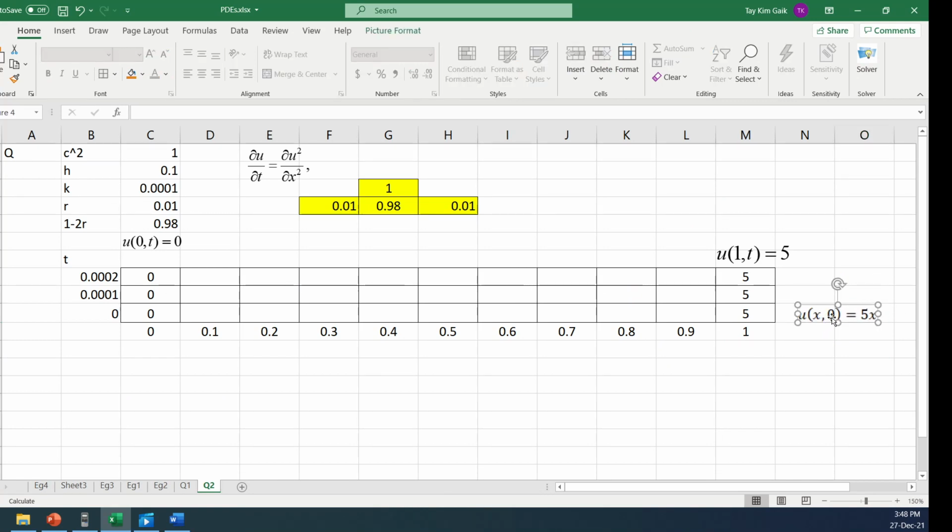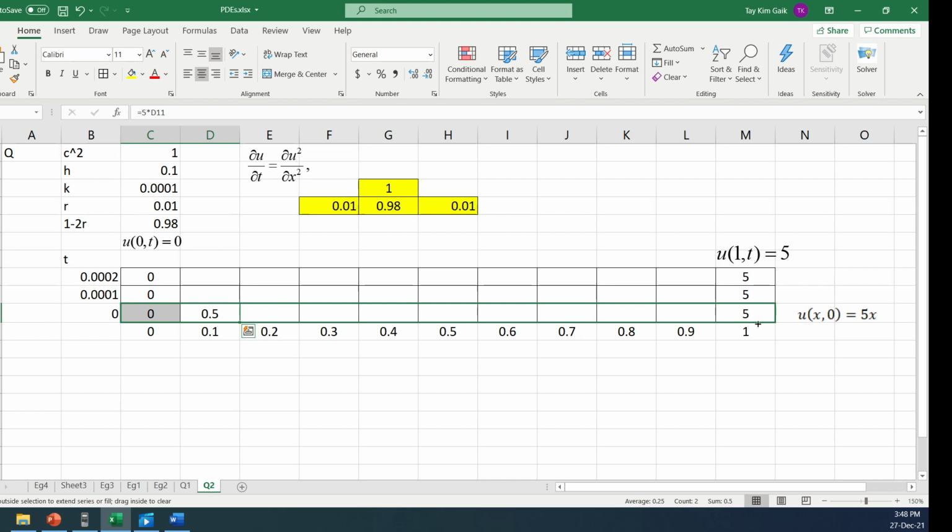The initial condition is when t is 0, u is equal to 5x. You can type 5 times x here. So you see whether the boundary and the initial condition overlap or not. Okay, 5. So they overlap.